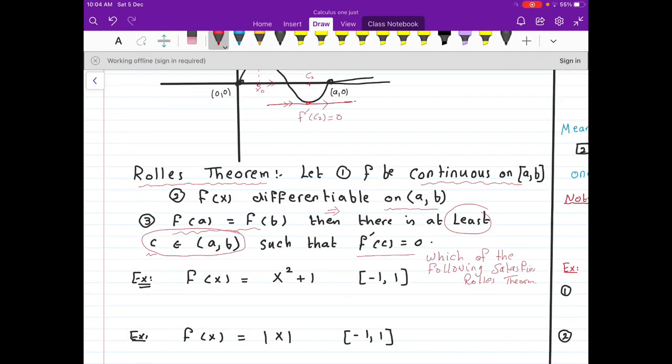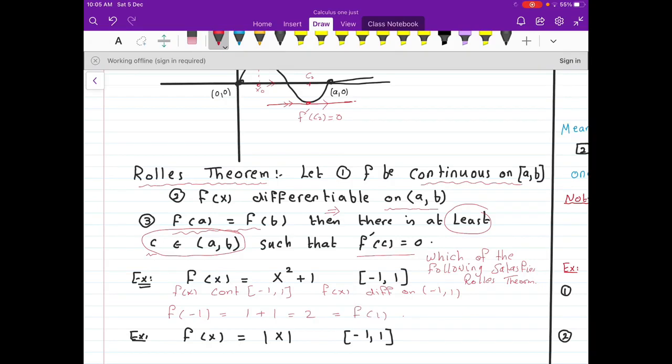The first condition satisfied, this function is continuous since it is polynomial. So this function f x obvious إنه continuous على الانترفال minus 1 1 لأنه continuous على r and also f x differentiable on the open interval minus 1 and 1. f minus 1 equal 1 plus 1 equal 2 and this is equal f1. So this function هل يحقق الرولز theorem?